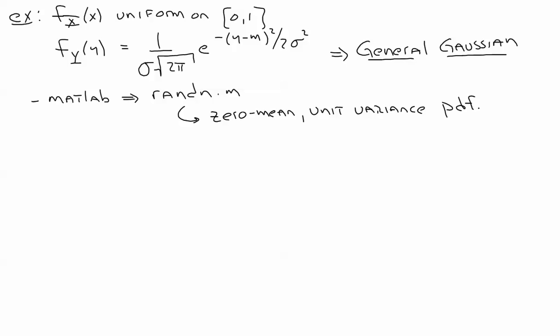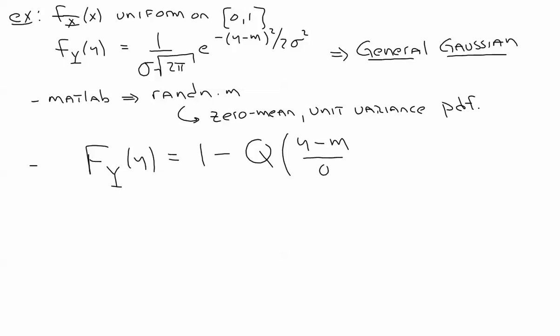Well, once again, I need to know the cumulative distribution function. I've created this for you earlier. The cumulative distribution function for my general Gaussian is 1 minus the Q function evaluated at y minus m over sigma.